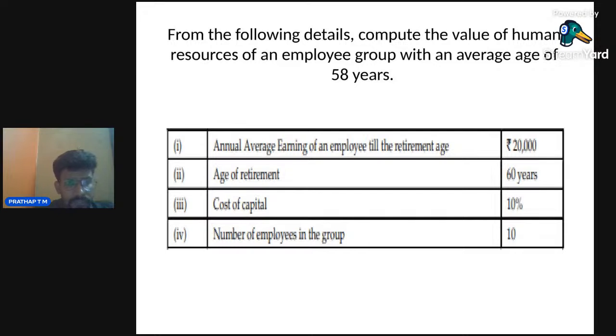Cost of capital, that is what I said, is the discounting factor, the rate at which you have to discount. That is 10%. Consider 10%. Right. Next one, the number of employees. How many employees are there?